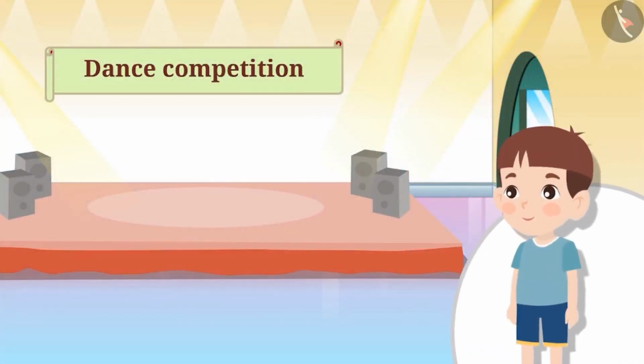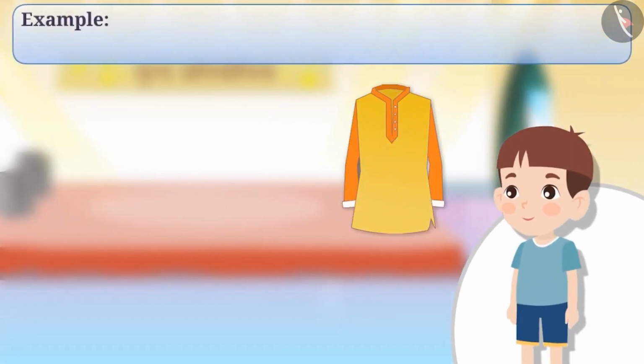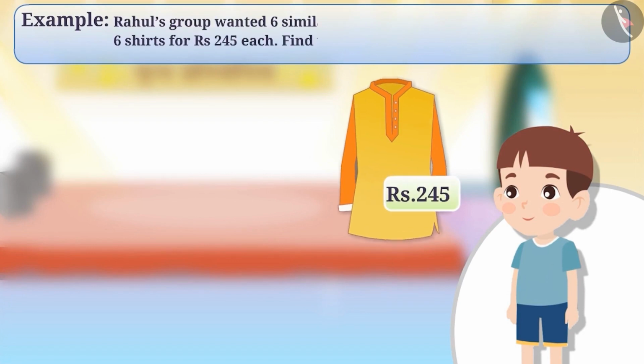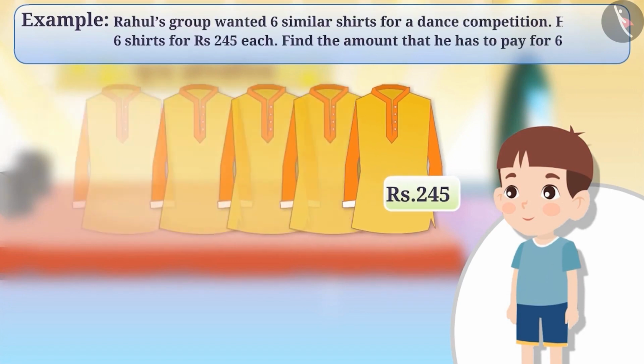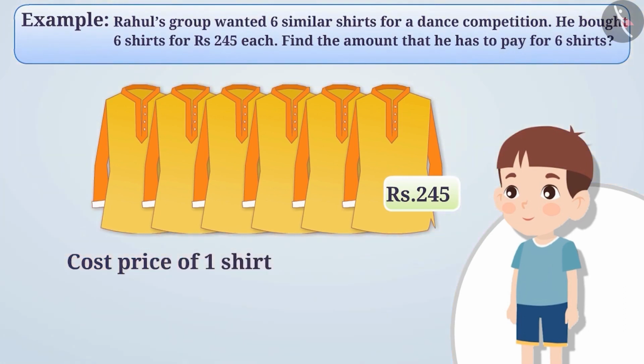Example 1. Rahul's group wanted 6 similar shirts for a dance competition. He bought 6 shirts for 245 rupees each. Find the amount that he has to pay for 6 shirts. Here, we have to find the amount Rahul has to pay for 6 shirts. We are given the cost price of 1 shirt, that is, rupees 245.